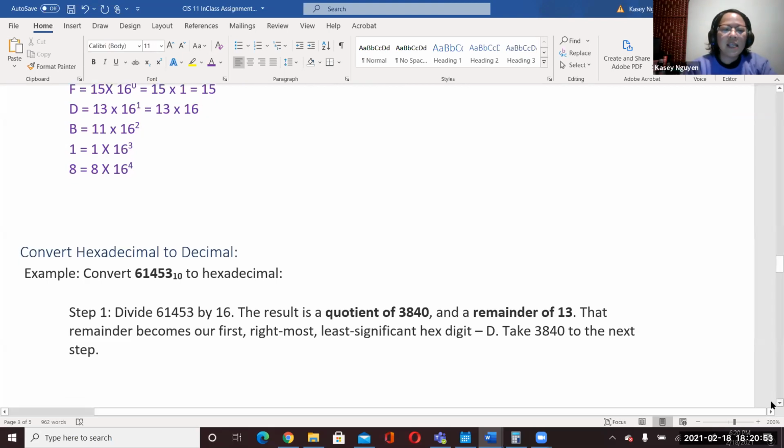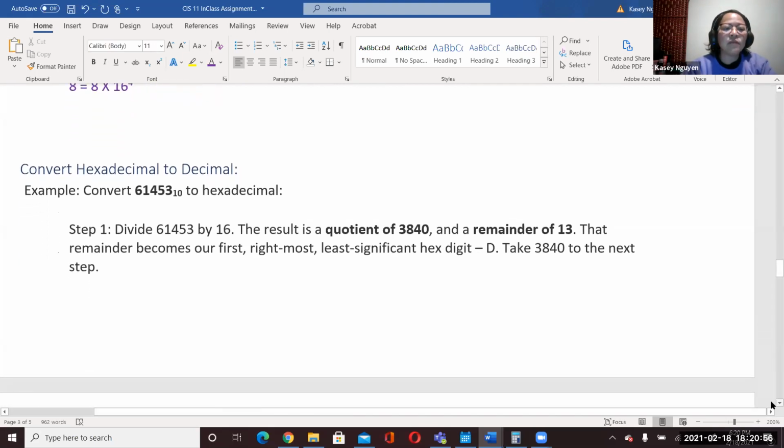So what we see explained here, when you look at a decimal value like this one, for the division method, is that we divide it by 16, get a quotient, and note the remainder, which is going to be the hex value at the end. The other approach is to take the decimal, convert it to binary, and from binary convert it to hexadecimal. We saw how that's done earlier.